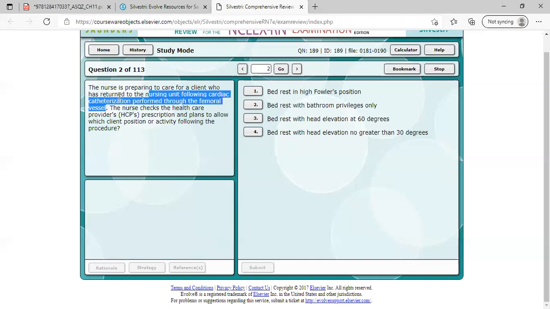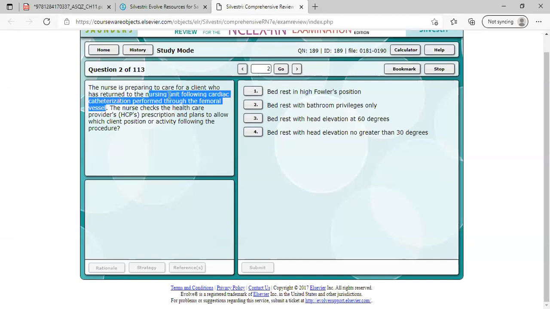So after cardiac catheterization, it is important what should be the position of the legs or extremities. Is it straight? Is it bending?